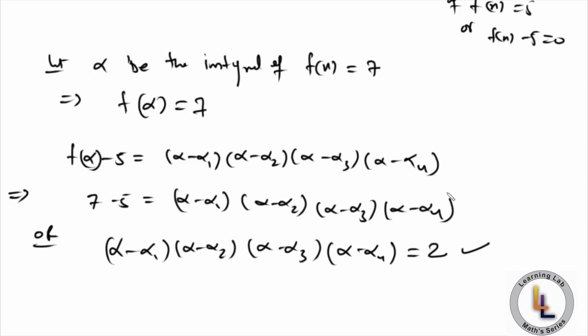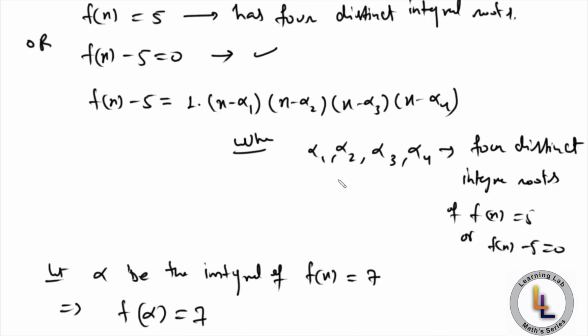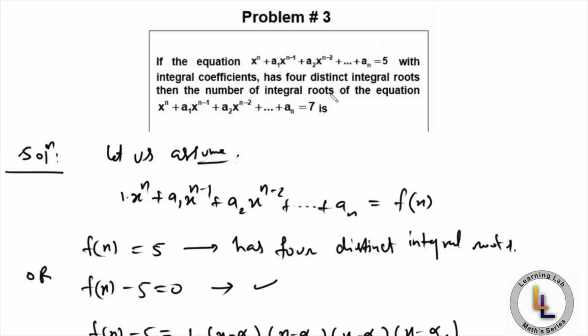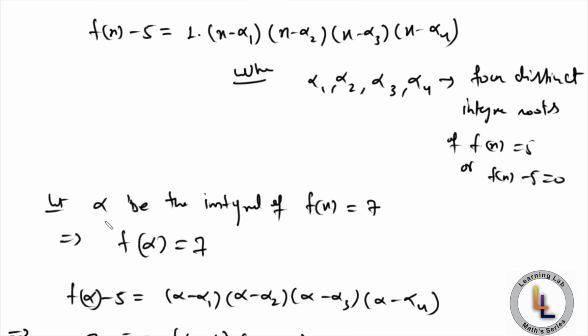Now think clearly: in the problem it is given that alpha 1, alpha 2, alpha 3, alpha 4, the roots of f(x) = 5, are distinct integers, and we have also assumed that alpha is an integral root of f(x) = 7.